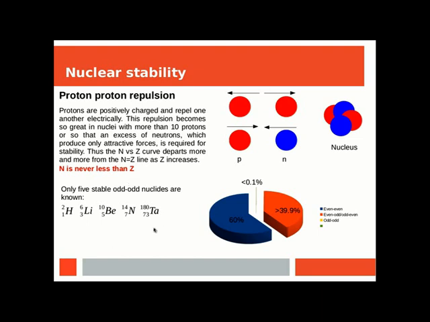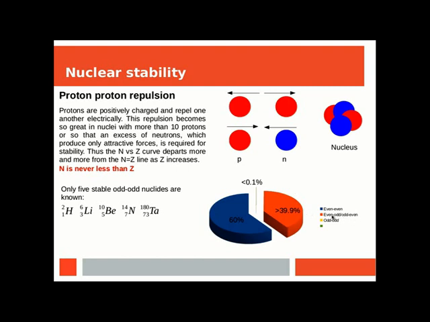Now one more pattern in stability has been seen, that there can be an even number of protons and an even number of neutrons in a nucleus. It has been observed that the percentage of even-even type nuclei, which have an even number of protons as well as an even number of neutrons, is maximum. 60% of the nuclei are even-even type, and a little less than 40% are of even-odd or odd-even type.